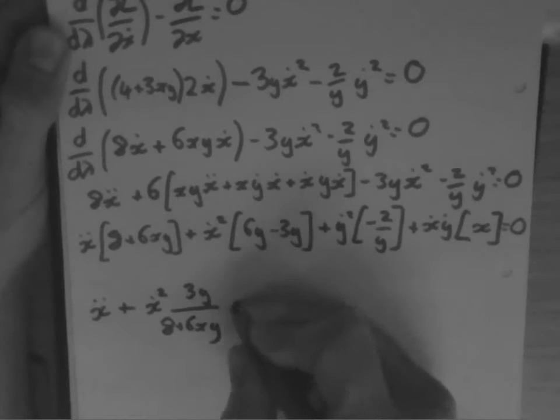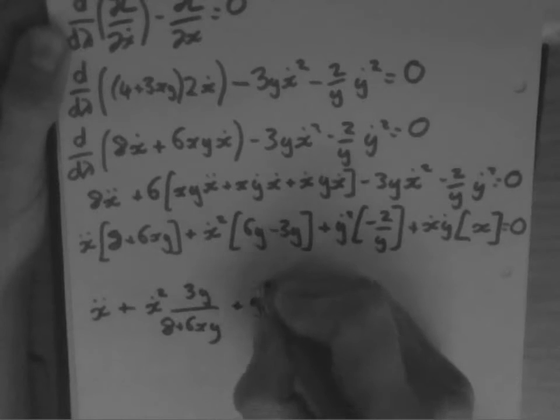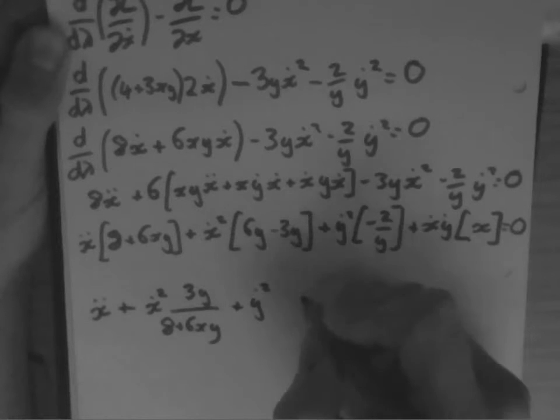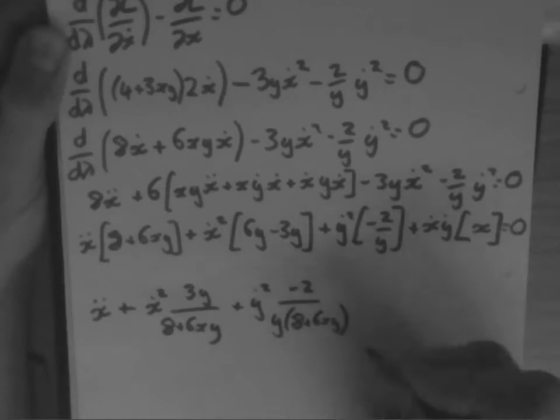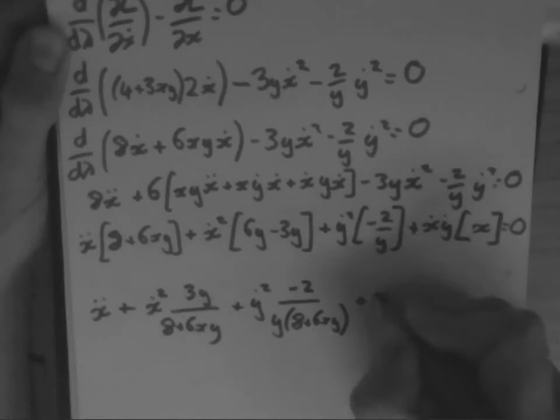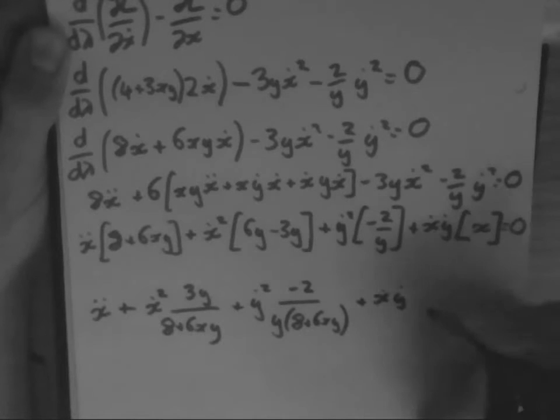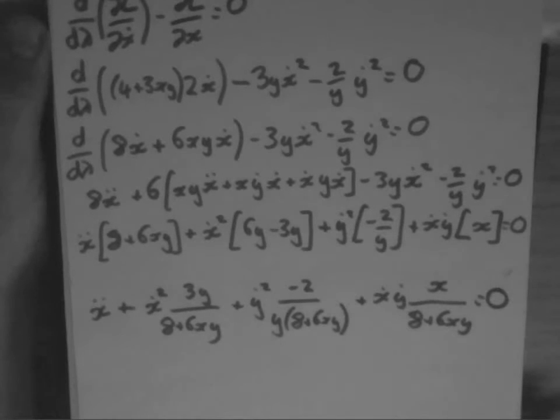We're then going to have a plus y dot squared term, and this is going to be multiplied by minus 2 divided by y times 8 plus 6xy. And finally we're going to have our plus x dot y dot term, which is going to be times x divided by 8 plus 6xy. That whole thing is equal to 0.